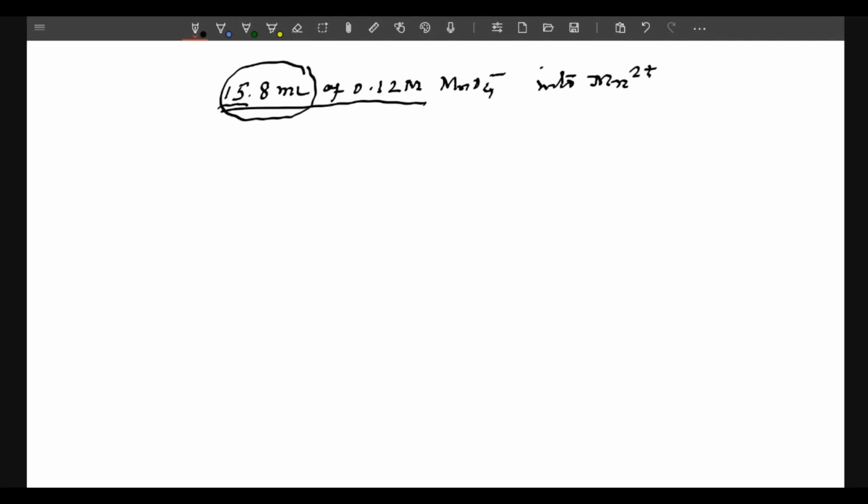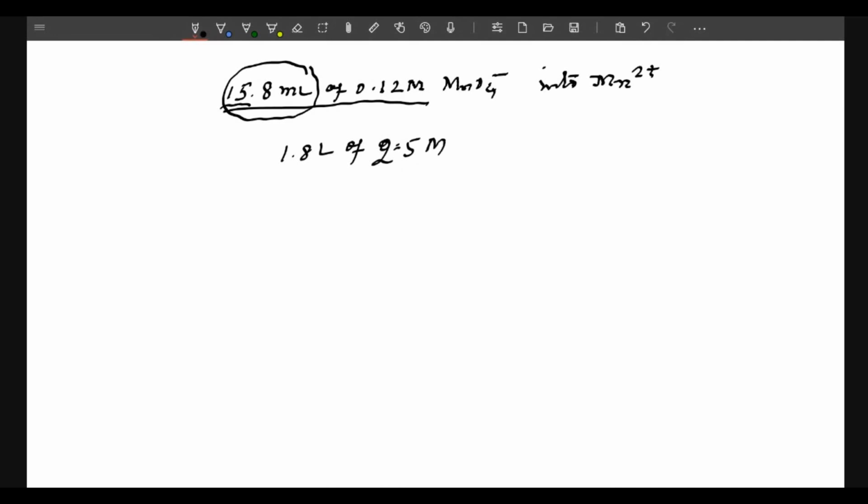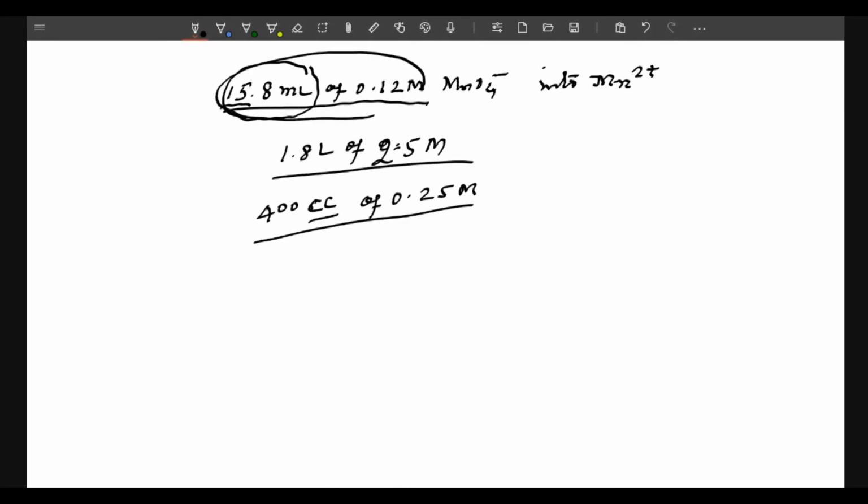How to find out the number of moles present in 15.8 ml or 1.8 liter of, say, 2.5 molar, or 400 cc, where cc and ml are the same, 0.25 molar, etc. For all of these, the answer is very easy. You simply multiply this and this.